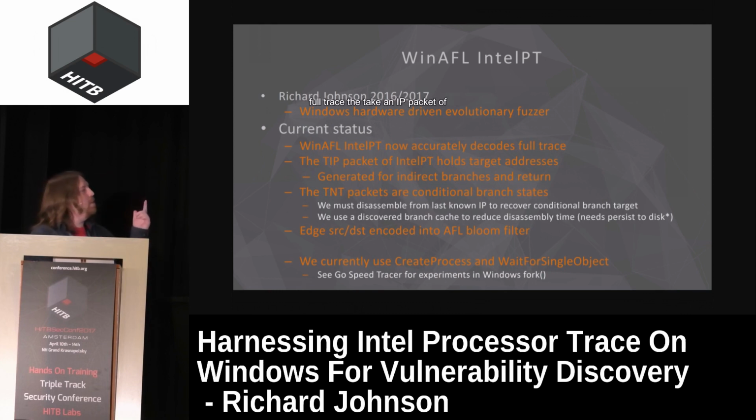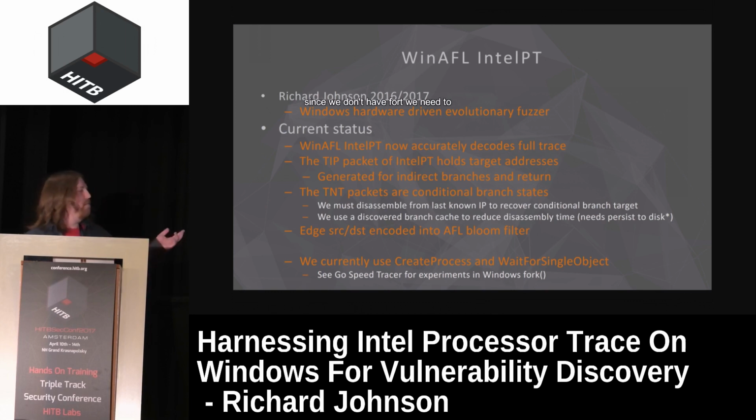The taken IP packet, of course, holds the target address, and we get that for the indirect branches in return. We disassemble the taken, not taken packets and have a branch cache. And then, of course, we use that. We have to come up with our own little way to encode it into the Bloom filter since we have full addresses and not block IDs, but that's fairly simple.